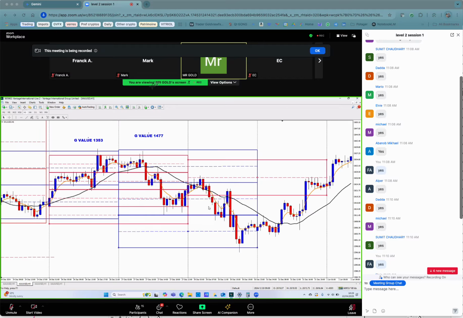Now, look, we have the first signal still the same, body close above the line, gap to the next line, goes and hits it. And now this body close has not left a gap to the next line because this half line has closed the gap. And because this half line has closed the gap, there's no signal. Before we had this box, we only had the previous day's box.